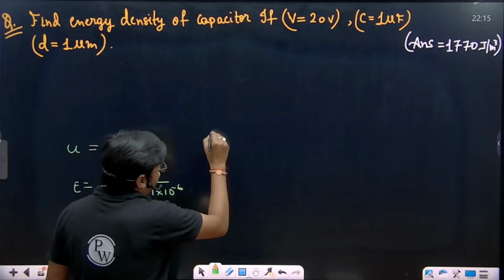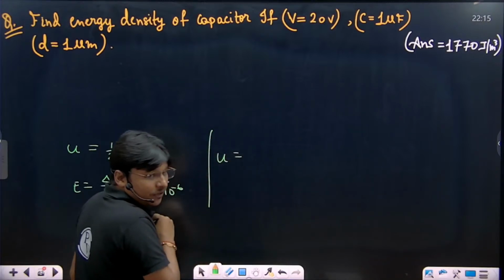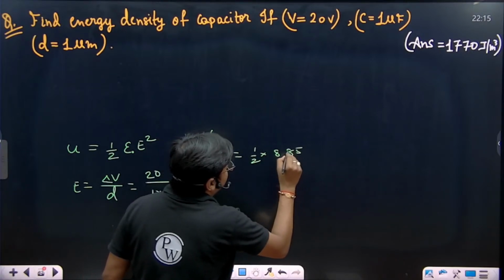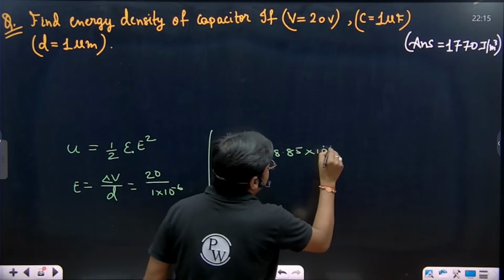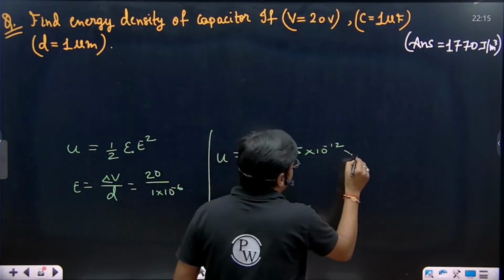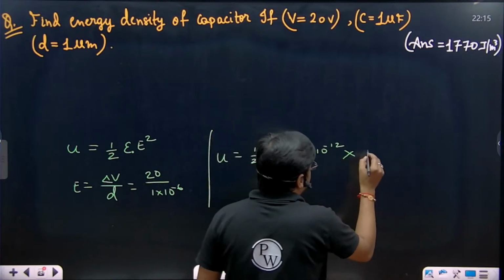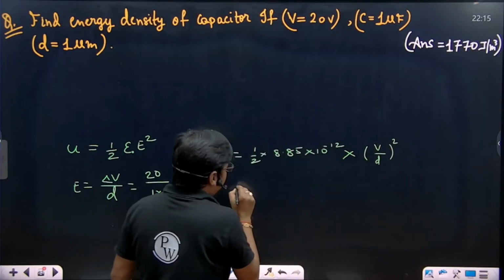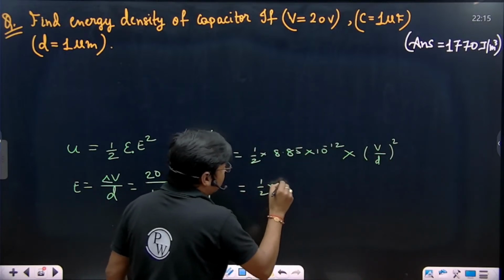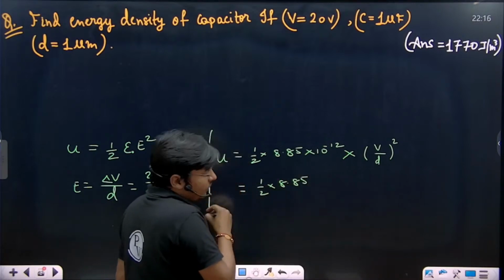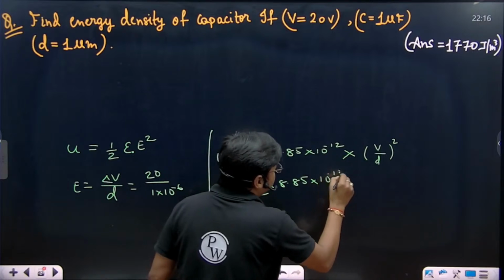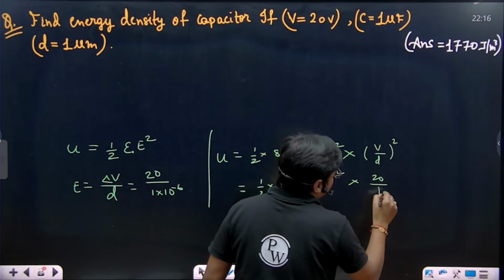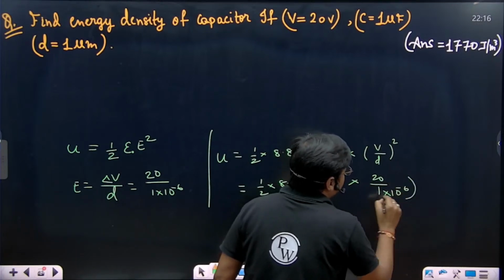Now putting in the formula, energy density will be half epsilon naught, which is 8.85 into 10 to power minus 12, into E square. E square means it will be V by D whole square. So finally, if you calculate, you will get half into 8.85 into 10 to power minus 12 into 20 by 1 into 10 to power minus 6, and now square it.